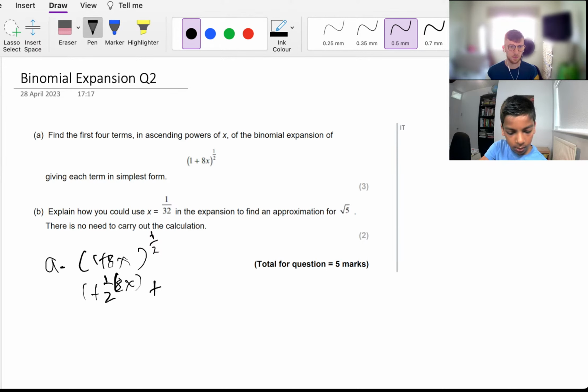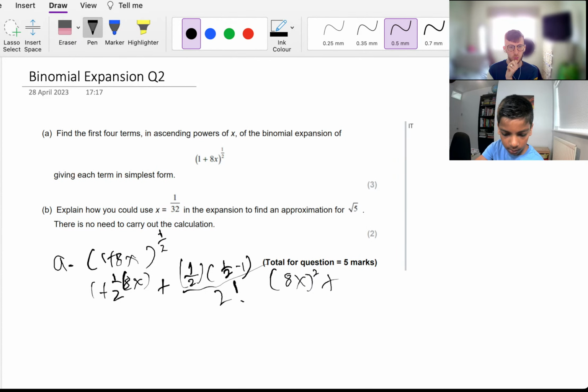Then plus a half times (a half minus 1), divided by 2 factorial, which is 2, times (8x) squared.